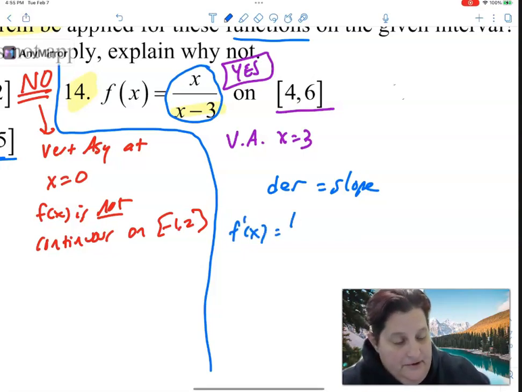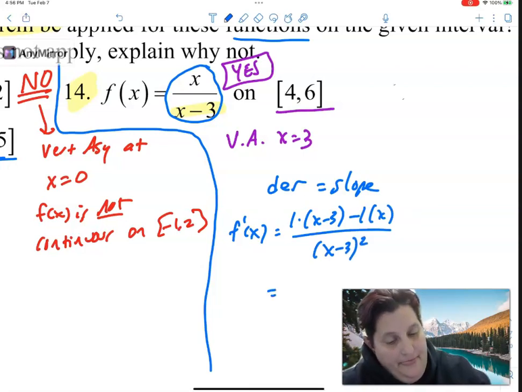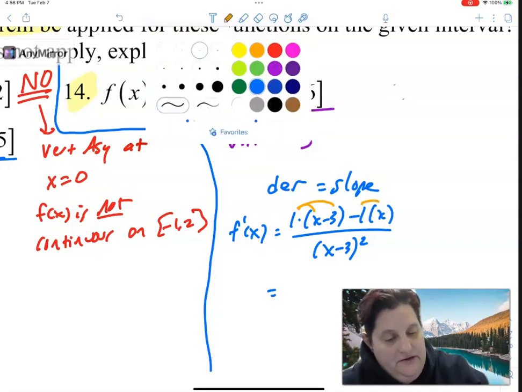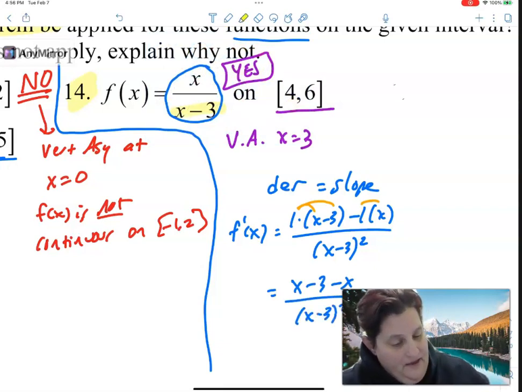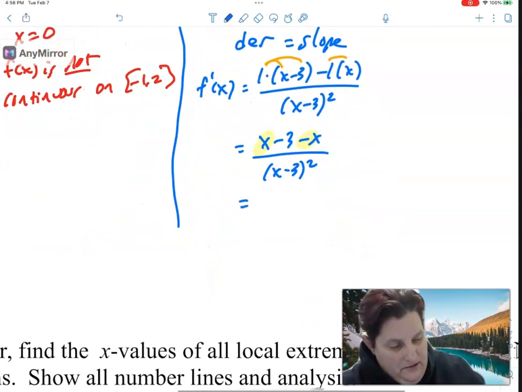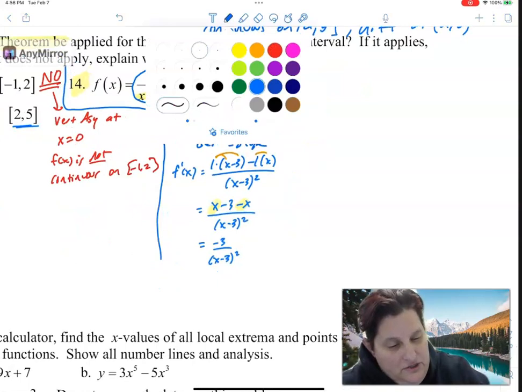This is a quotient rule, so I'm going to go derivative of the top times the bottom minus derivative of the bottom times the top over the bottom squared. So I get x minus 3 minus x, and then these cancel out. So I end up getting negative 3 over x minus 3 squared. So that's the derivative, right?